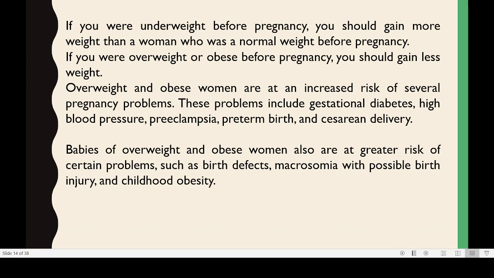If you are underweight before pregnancy, you should gain more weight than a woman who has normal weight. Normally during a pregnancy it is 12 to 17 kilograms, which is the recommended weight gain. A very simple way of measuring weight is that if your height is 155 centimeters, you should have a body weight of 55 kilograms.